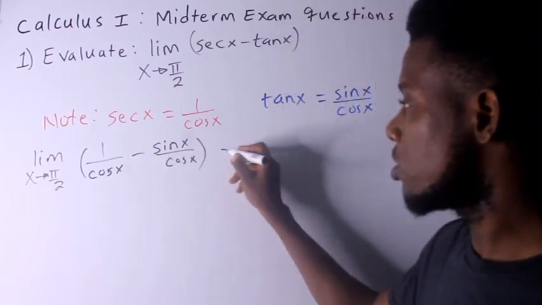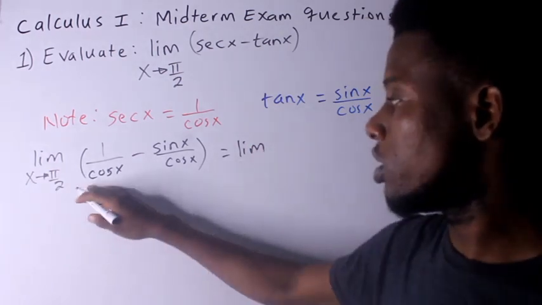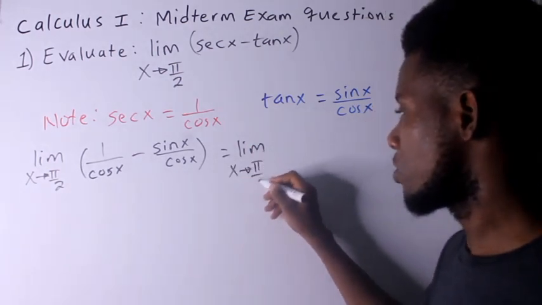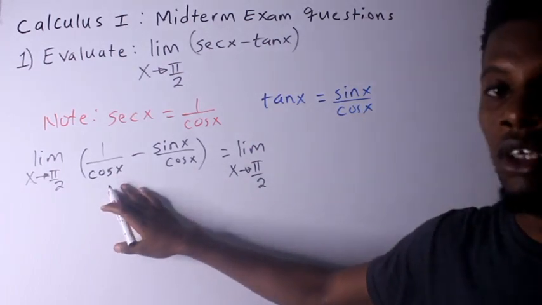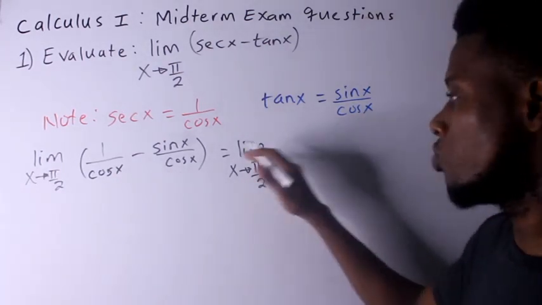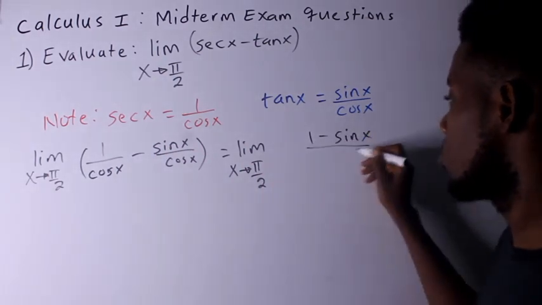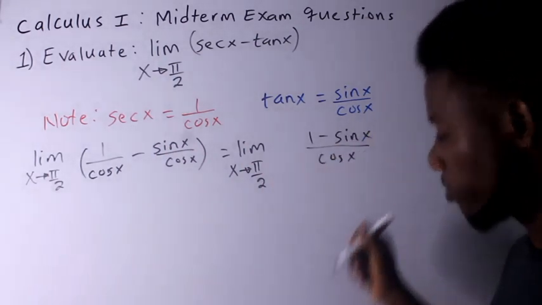And then once we have this, we can proceed to find the least common denominator. So I'm just going to rewrite this. The least common denominator for cos and cos is just cos. So we just add the numerators and then we take one of the denominator, cos x.